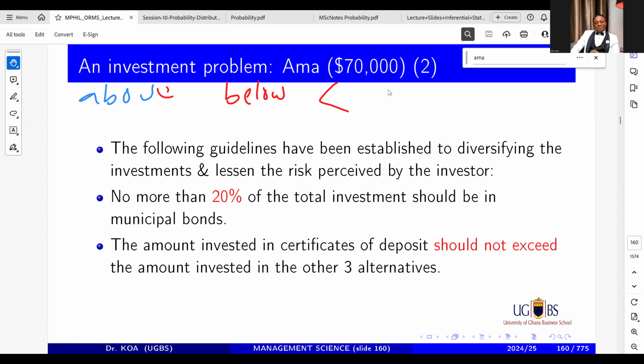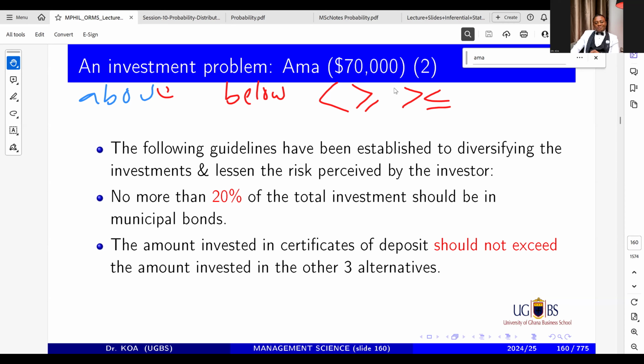That is wrong. Jasmine said greater than. That is wrong. And I know all those who have greater than in mind will change it to greater or equal to. So the opposite of less than is greater or equal to. The opposite of greater than is less or equal to.